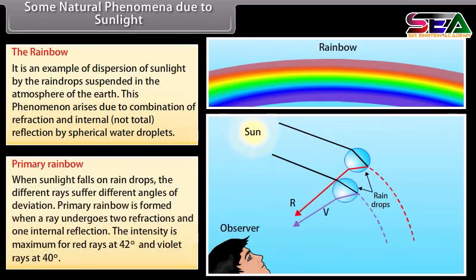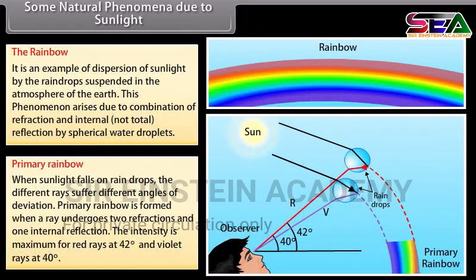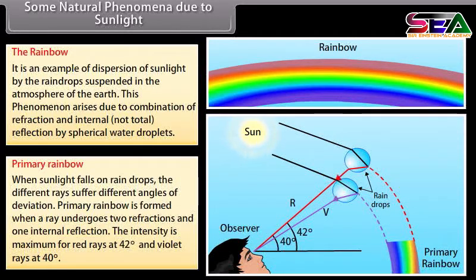When sunlight falls on raindrops, the different rays suffer different angles of deviation. Primary rainbow is formed when a ray undergoes two refractions and one internal reflection. The intensity is maximum for red rays at 42 degrees and violet rays at 40 degrees.